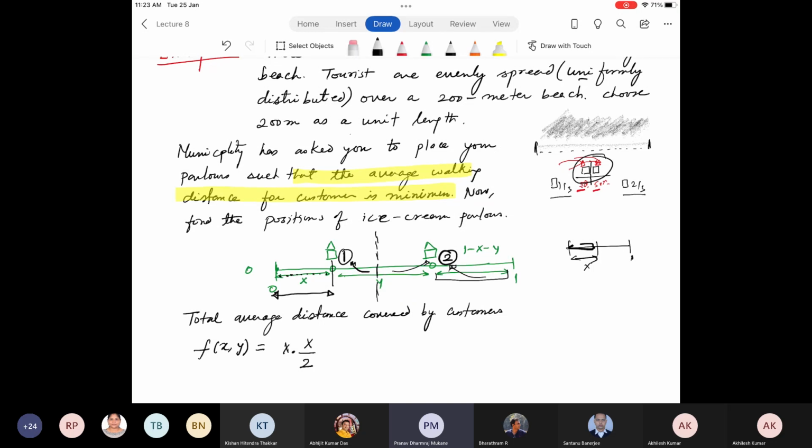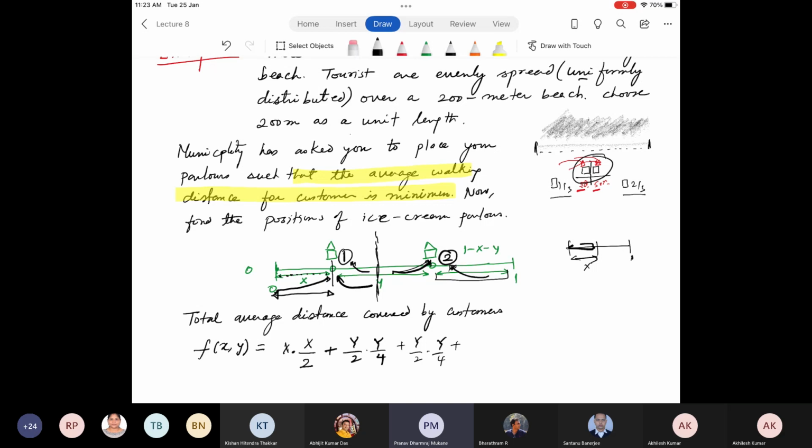Similarly, for this side, people will walk this much, and half of this side will walk in this direction. The same logic you can write: y by 2 into y by 4, for this one again plus y by 2 into y by 4.